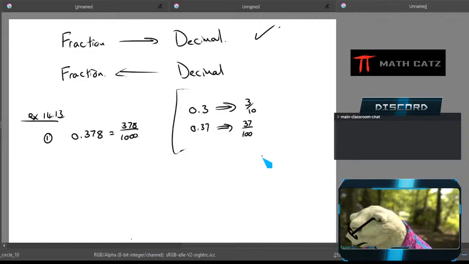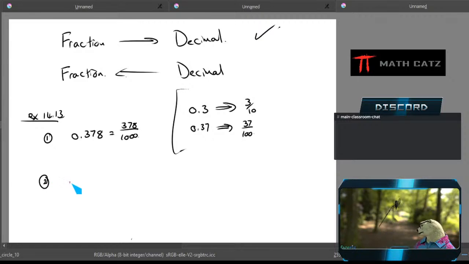This is just a side note. So it's really as simple as just putting it over the appropriate power of 10. Let's look at number 2. That 8 is in the hundredths position. It's 8 hundredths.